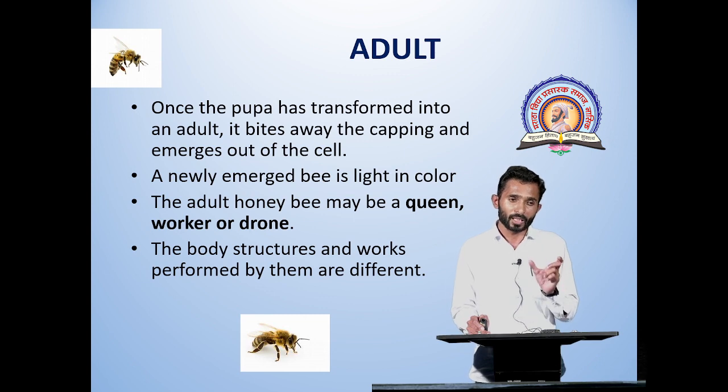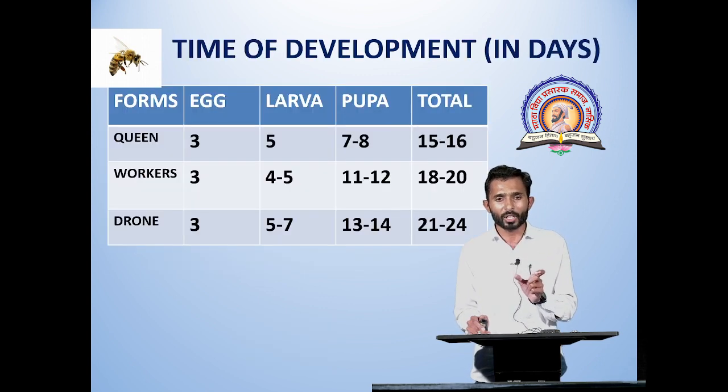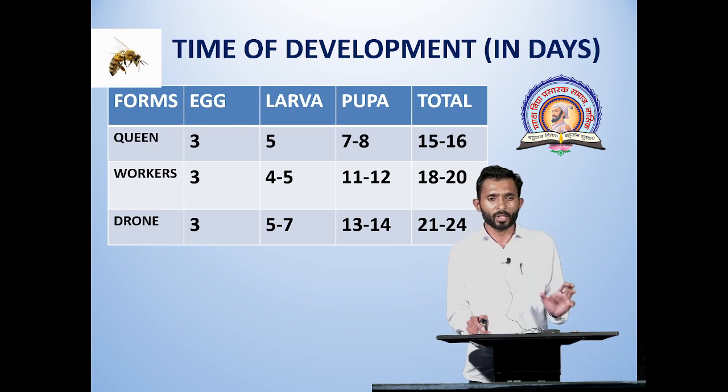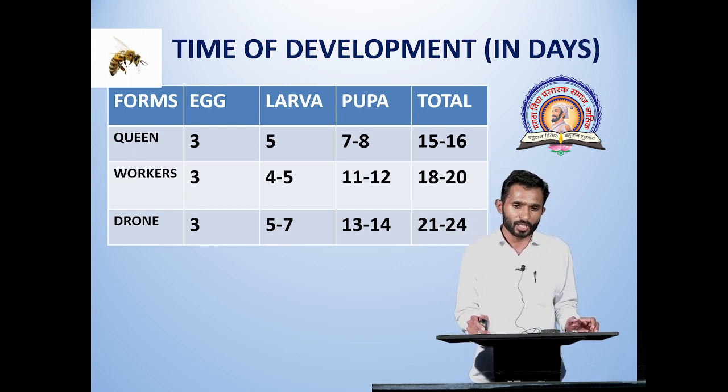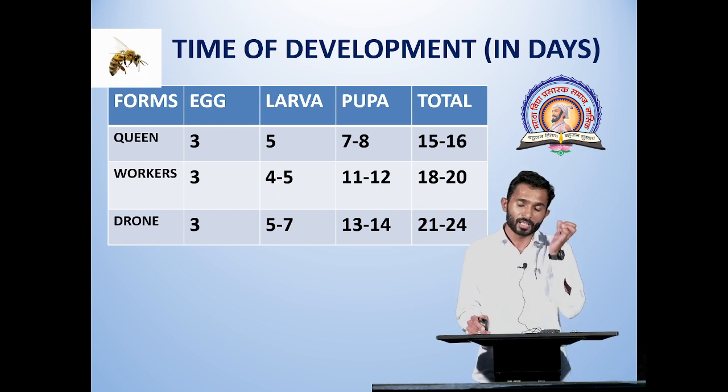The body plan of the adult bees varies according to the different castes they perform. The development of the bees into the different stages takes different numbers of days. On an average, 20 to 24 days are required to complete the life cycle of a honeybee into a different caste, queen, worker or drone.